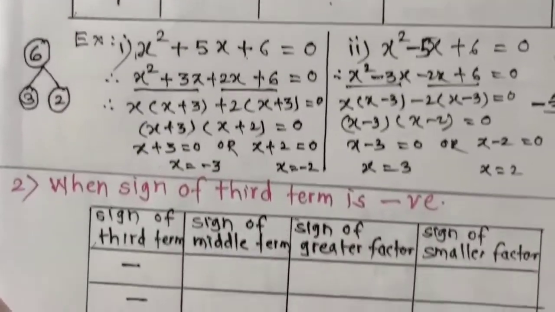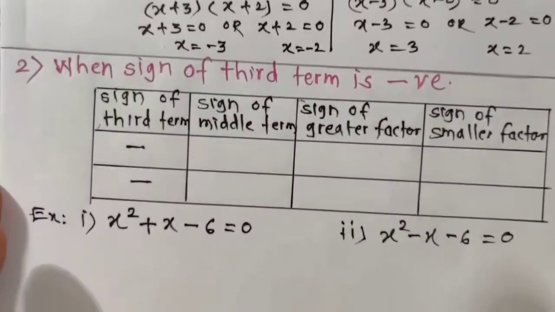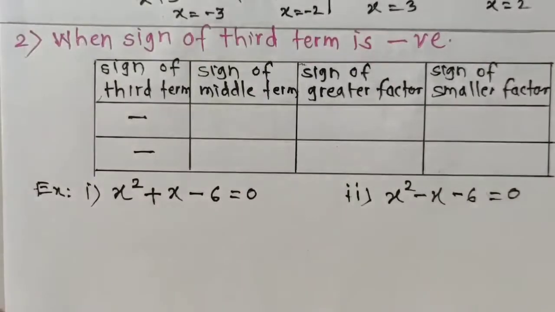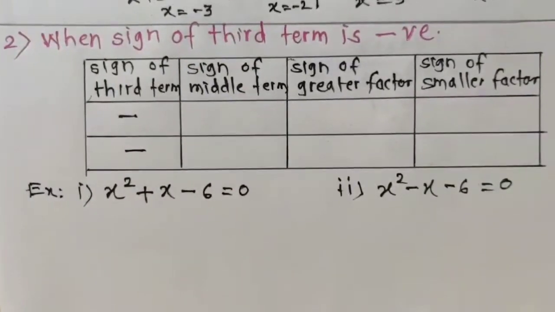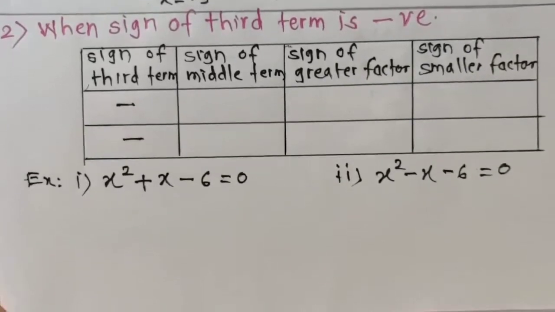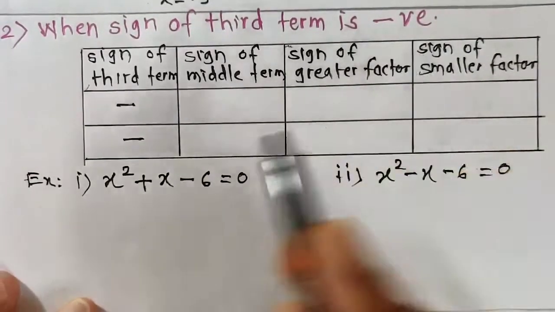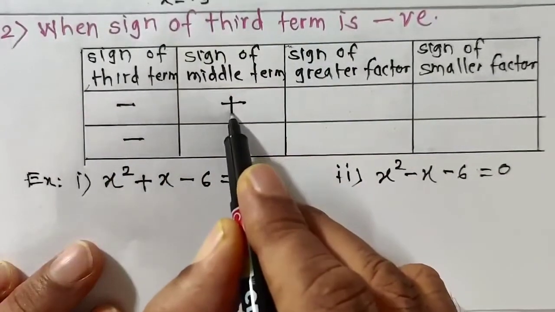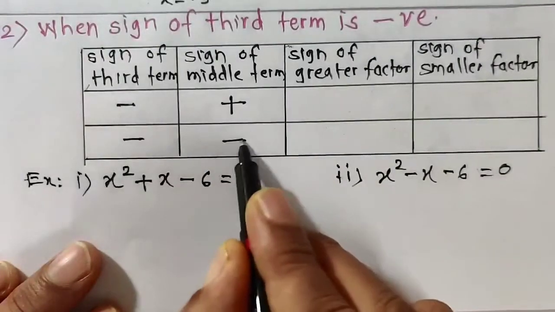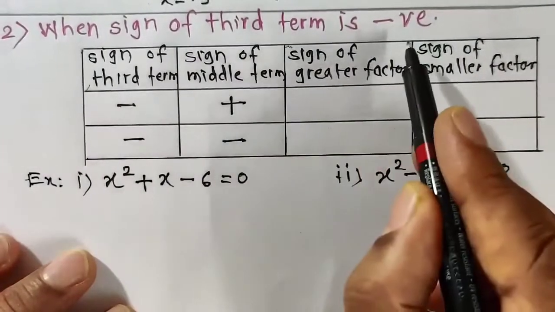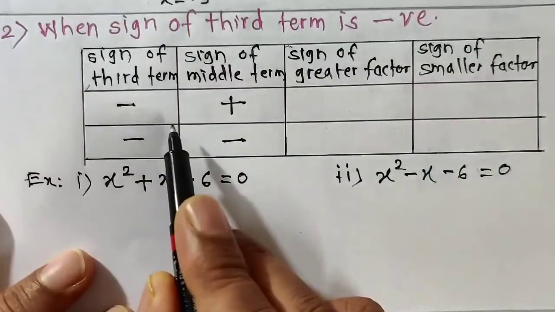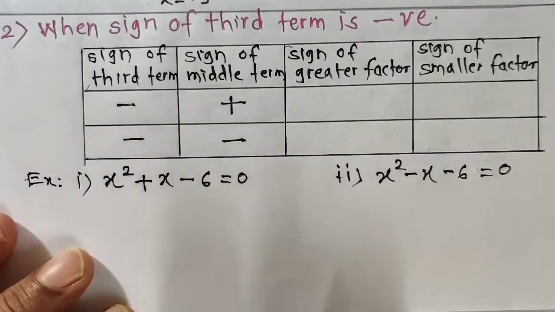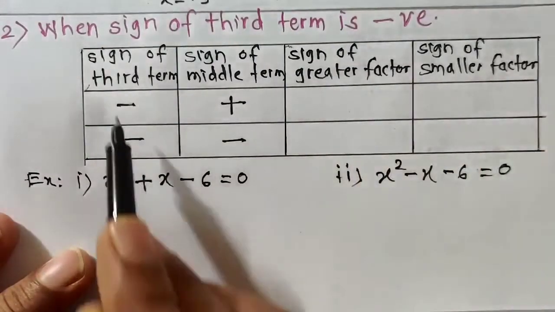Now let us see the second case. Whenever the sign of the last term, the third term, is negative, then what to do? Here the sign of the third term is negative, and the sign of the middle term, suppose first time it is positive, second time it is negative. So whenever the sign of the third term is negative, the signs of both the factors are different, because the product is negative.